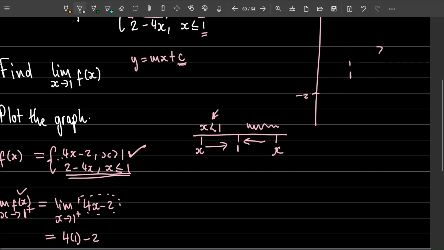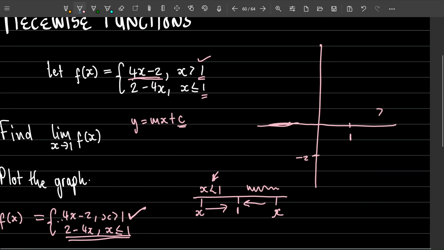Let's do it like this. Just pick a point that is greater than 1. Let's just say 2, okay? And put it into this. So when x is 2, what would this top function give me?